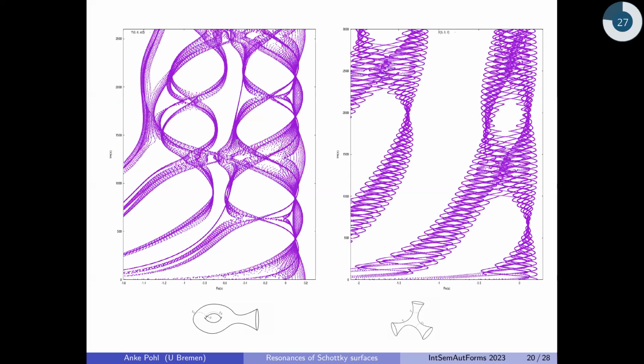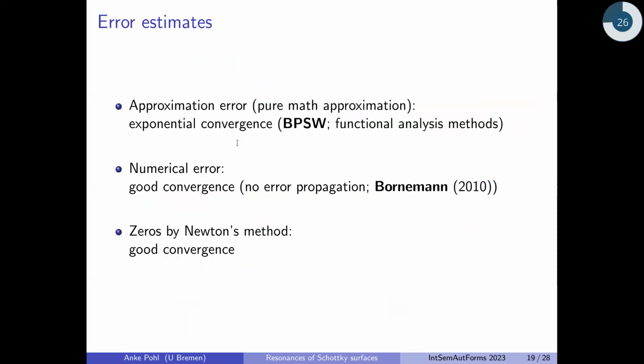Then you have a second error, namely because these are irrational numbers, which you typically have to handle. You can never work with irrational numbers in a computer, honestly, when it comes to numerics. So there's always a numerical error. But here we do have good convergence because calculations are independent of each other. There's just no error propagation. There's no recursion formulas involved.